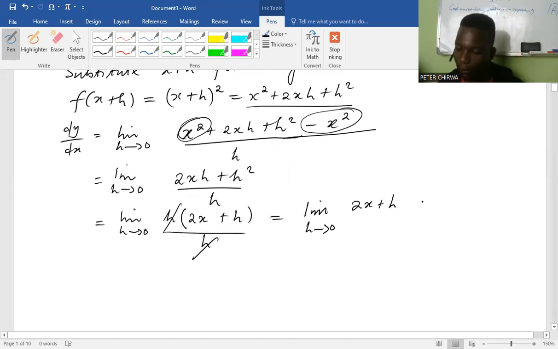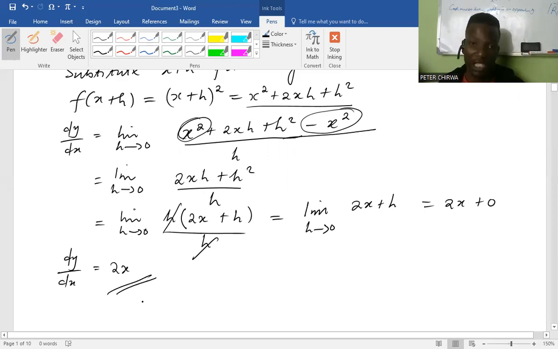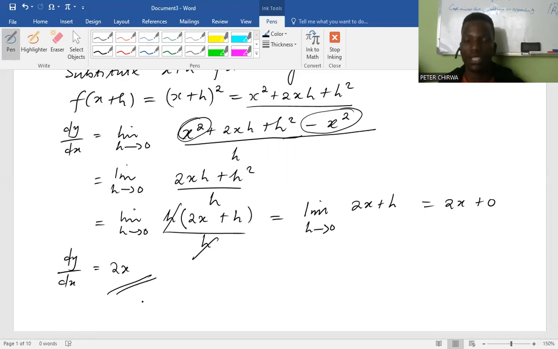So we are going to have 2x plus 0, which is 2x at the end of our solving. It means you have differentiated x squared using first principle. So 2x is called the derivative of x squared.